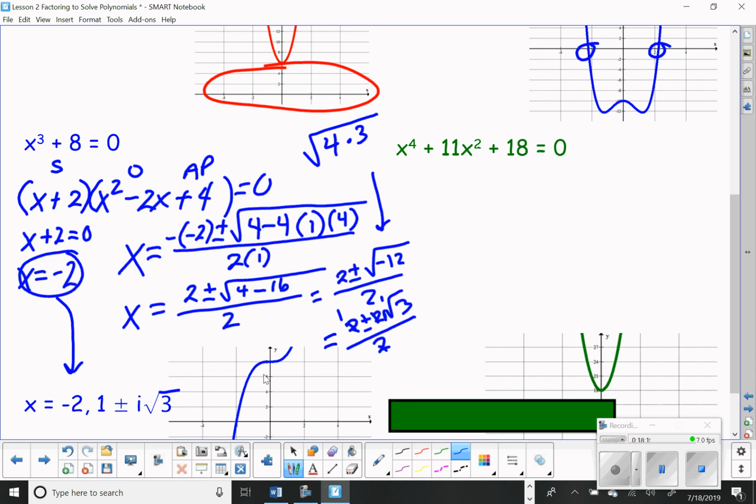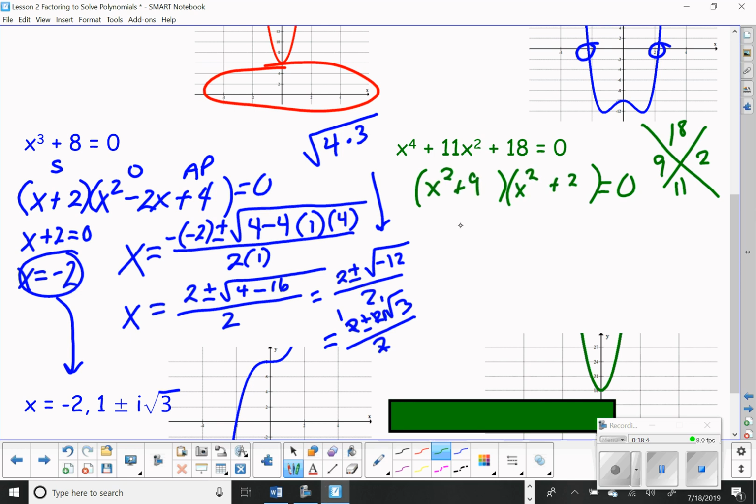Last one up here. Factors of 18. Okay. I need factors of 18 that will add up to 11. Did you say 9 and 2? You are so smart. X squared plus 9, x squared plus 2.